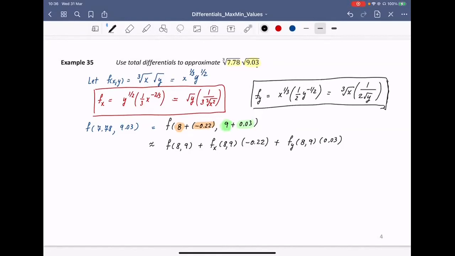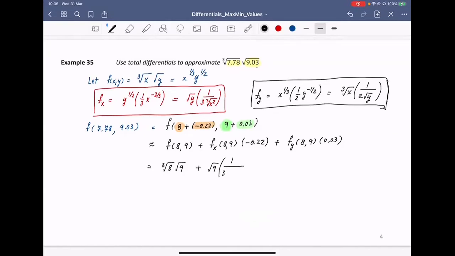So it seems that you have all components already. So now you just plug in the numbers. Let's do it. So f(8, 9) is going to be the cube root of 8 times the square root of 9. Then f subscript x at (8, 9): you get square root 9 times 1/3.